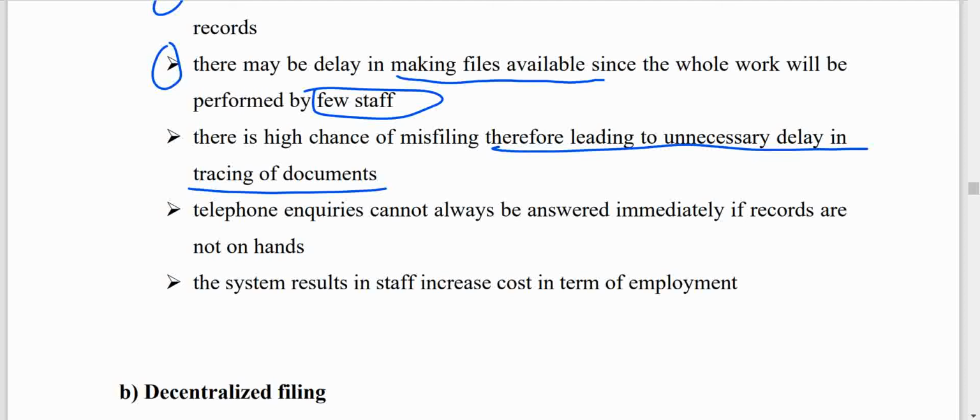It would be very difficult to make a record available immediately because few staff are performing the job. And we also talked about misfiling, which may be possible because of the high volumes of records. In this case, we shall also expect delays in providing the records or tracing a document. If you are looking for one document among 1 million documents, you know what I mean.